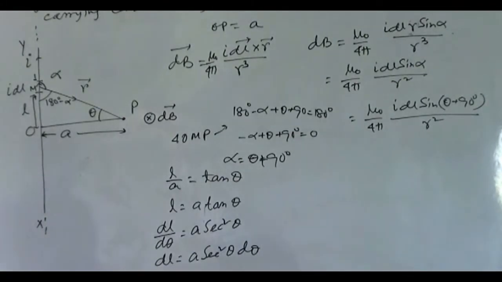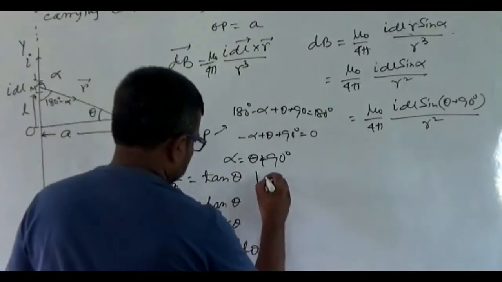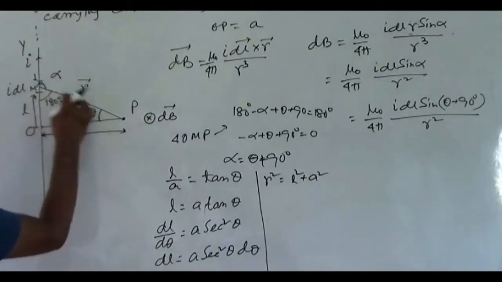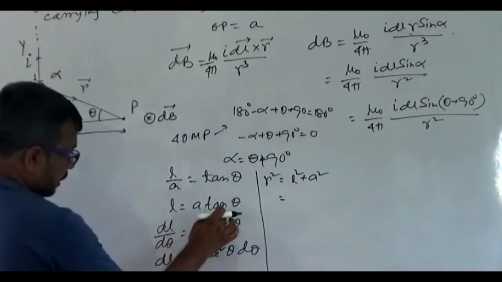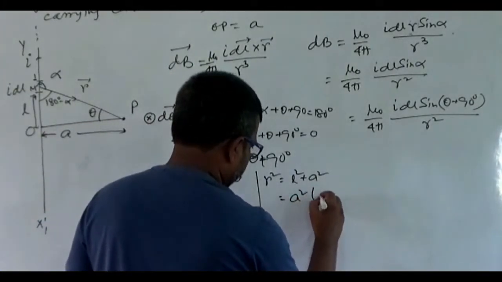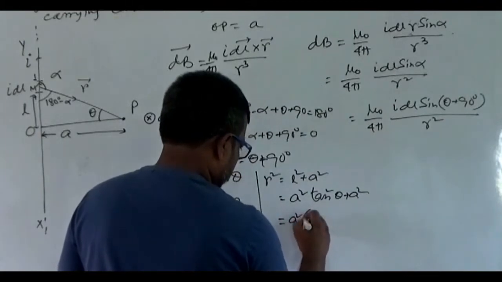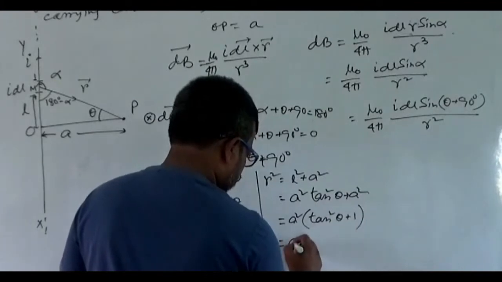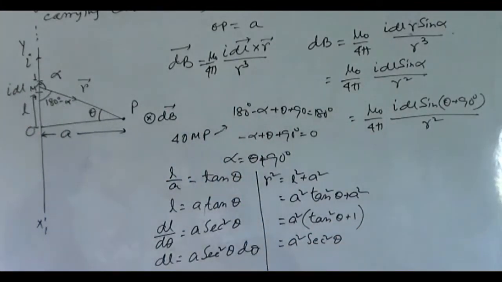Again, r square is equal to L square plus A square, and L is equal to A tan theta. Therefore, A square tan square theta plus A square, which is A square into tan square theta plus 1. And tan square theta plus 1 is sec square theta. Therefore, r square is equal to A square sec square theta.